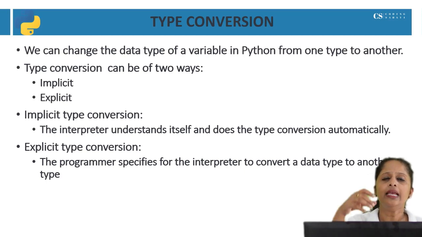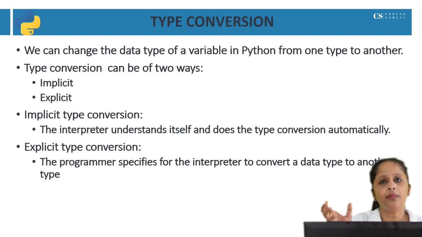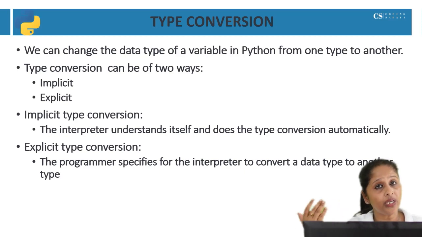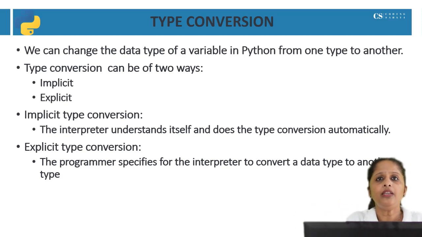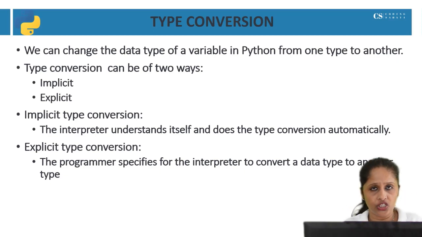In between, sometimes you declared a variable as an integer, or you are doing an integer operation, but you need to change that one to another data type like float. If you want to do something like that based on the requirement of the program, then there happens type conversion.